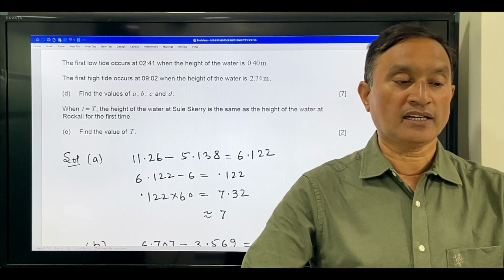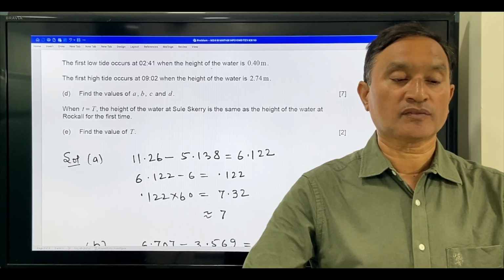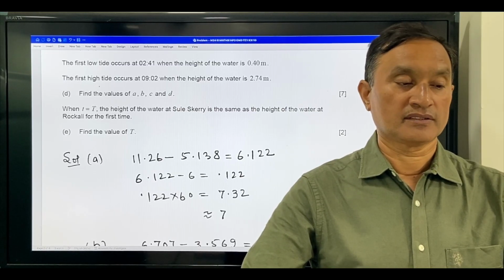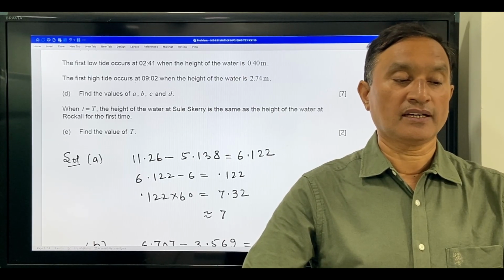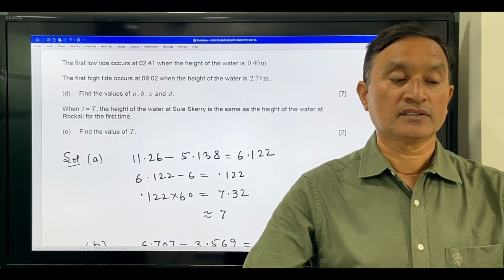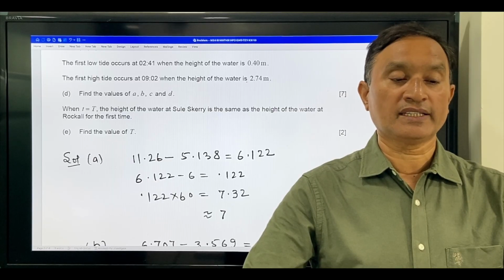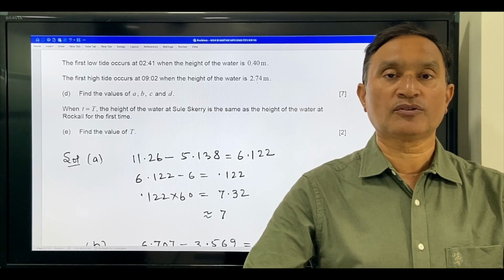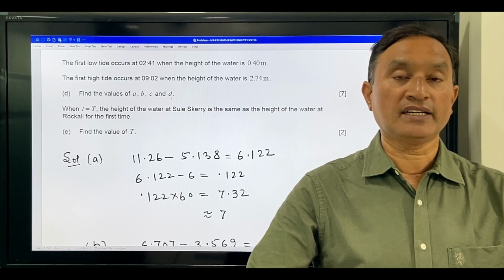First low tide occurs at 2 hours 41 minutes when the height of the water is 0.40 meter. First high tide occurs at 09 hours 02 minutes when the height of the water is 2.74 meter. Find the value of A, B, C and D.